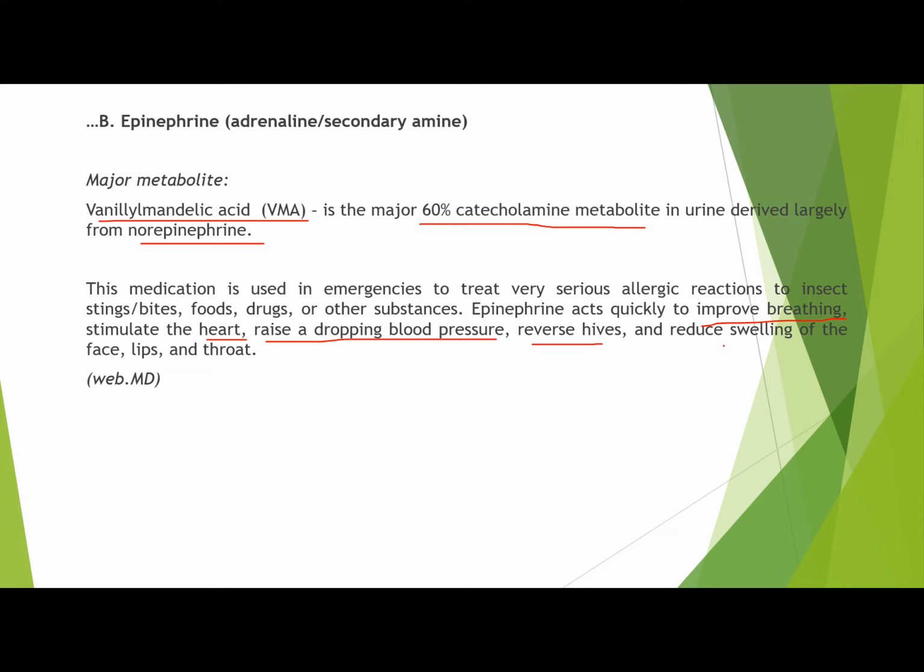Kaya nga, class, yung mga patients that are undergoing or that require resuscitation, i-resuscitate mo siya, bubuhayin mo ulit. Yung ibang nire-require or binibigyan sila ng epinephrine. Epinephrine basically stimulates the heart, class, and even raises a dropping blood pressure. And napansin niyo rin ba na yung major metabolite nila is always VMA?